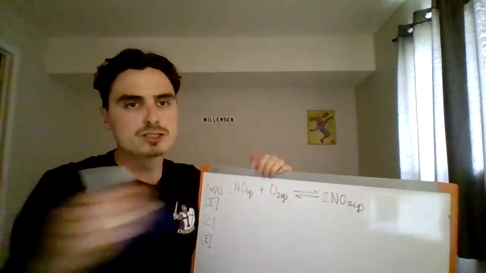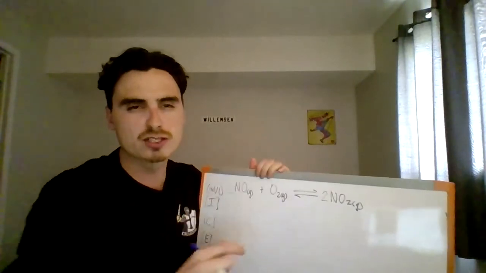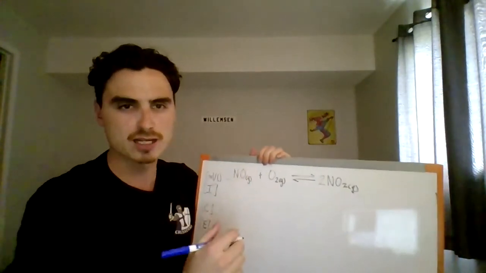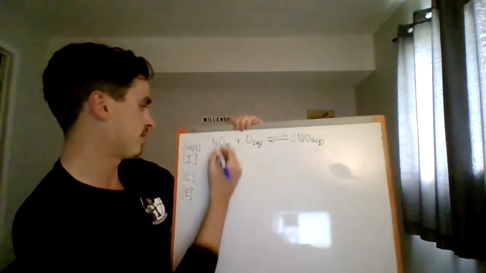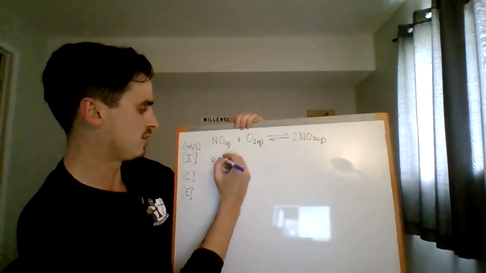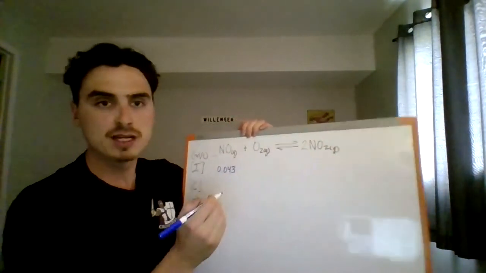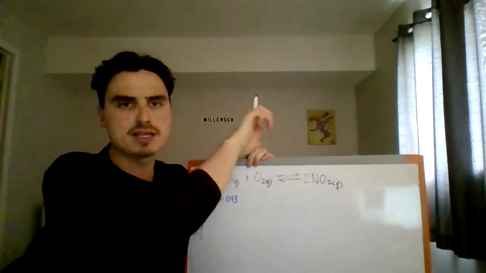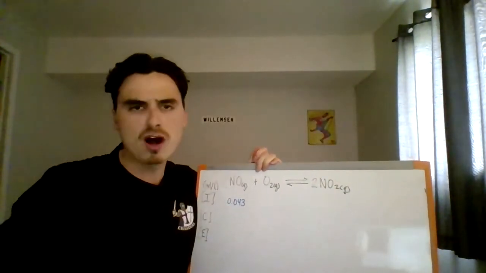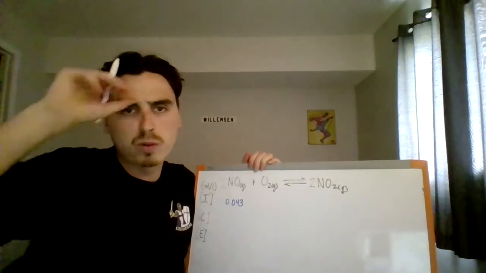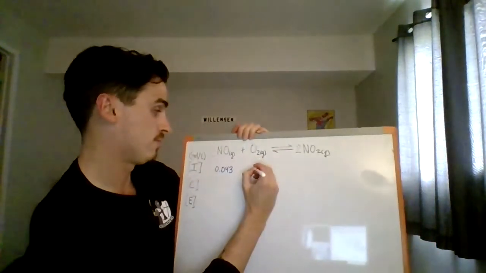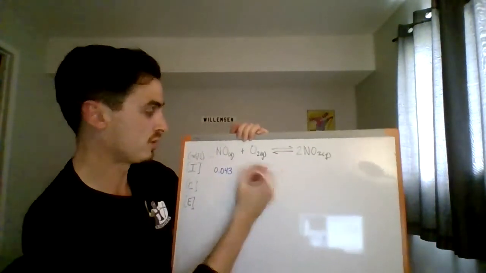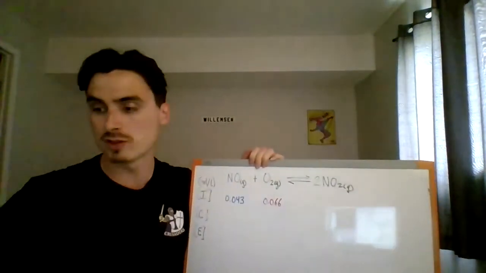It says here that the initial concentration of nitrogen monoxide is 0.043. And the initial concentration of oxygen is 0.066 moles per liter, but I have it there, so I don't have to write it.